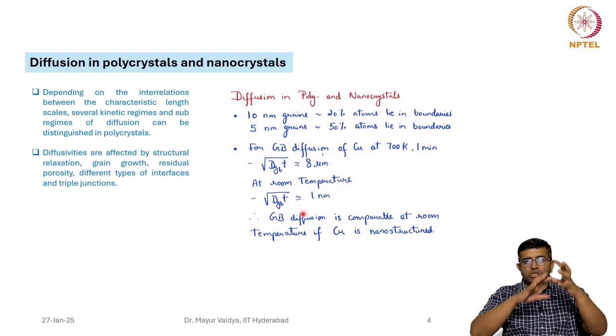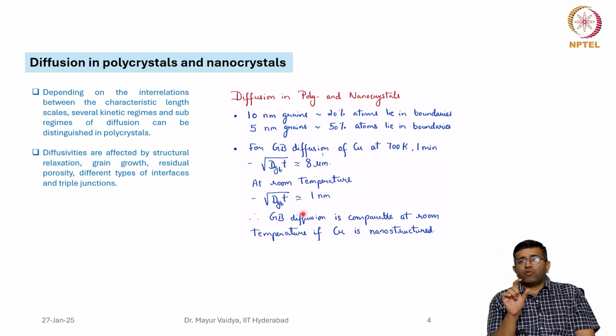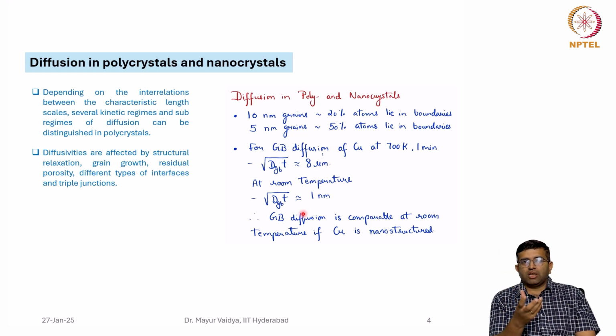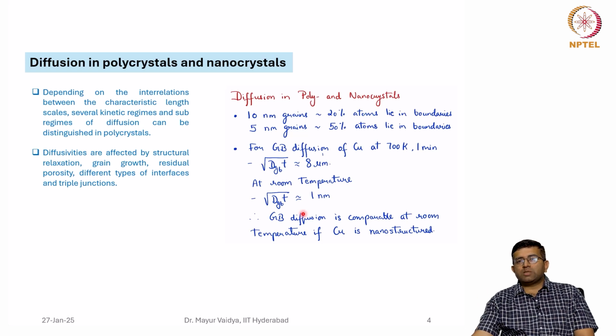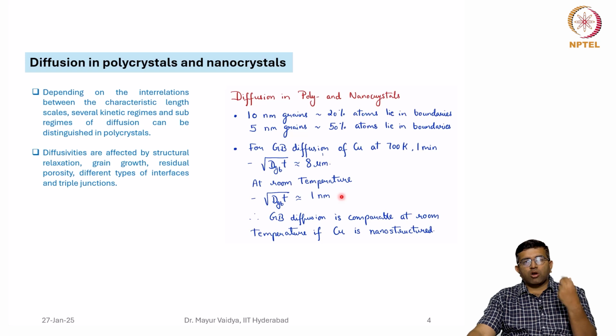If it was a coarse grain copper structure, you could say this is nothing. But if the copper is nanostructured, that means the grain size itself is 5 or 10 nanometers, then this 1 nanometer diffusion is also significant. Therefore, grain boundary diffusion becomes comparable even at room temperature when you talk about nanostructured solids.